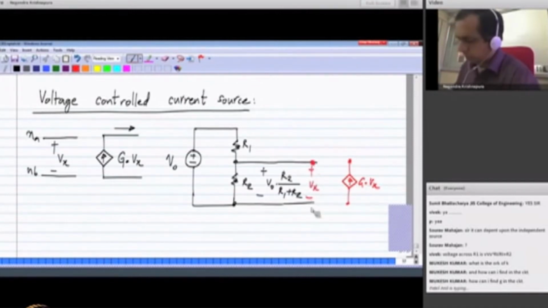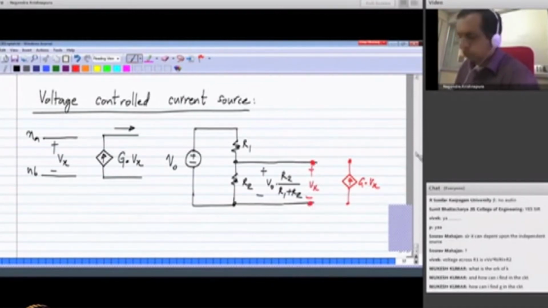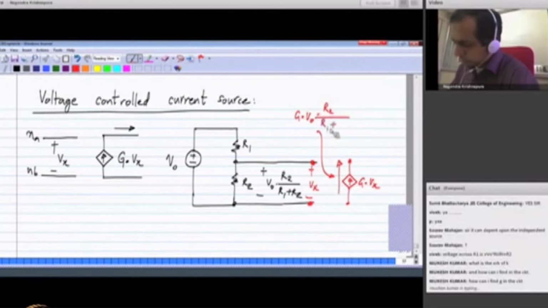Vx is the voltage between these 2 nodes. So this controlled current source will force a current which is equal to G times V0 times R2 by R1 plus R2.